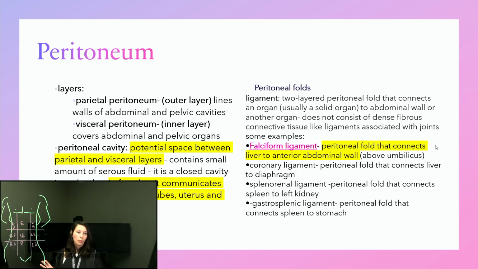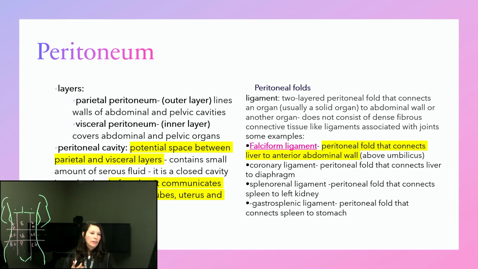This is one of the most important ones. The falciform ligament is a peritoneal fold that connects your liver to the anterior abdominal wall above the umbilicus. And it's one of your remnants, embryologically speaking. So that's one of the most important structures. We're definitely going to see it in the cadaveric dissection as well.